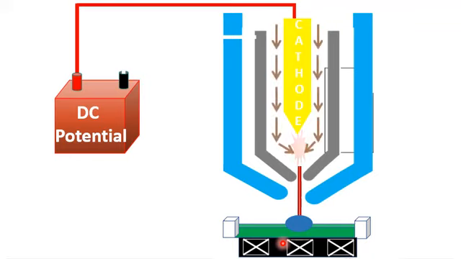The magnetic field lines will interact with the cathode spot, since you know that the cathode spot, which is basically a plasma, has a mixture of ions, electrons and neutrals.